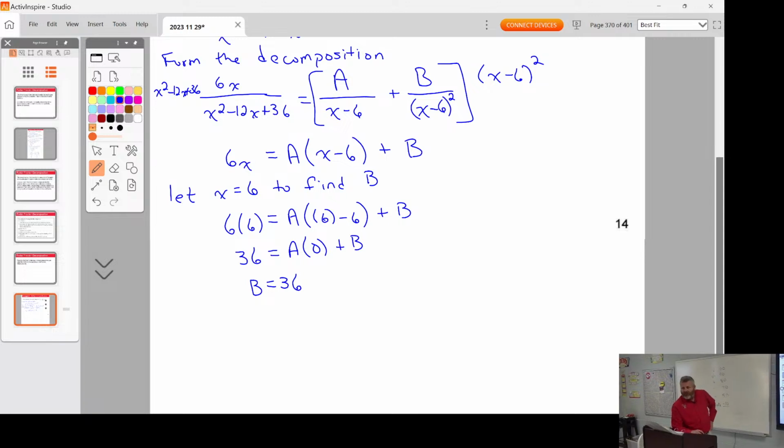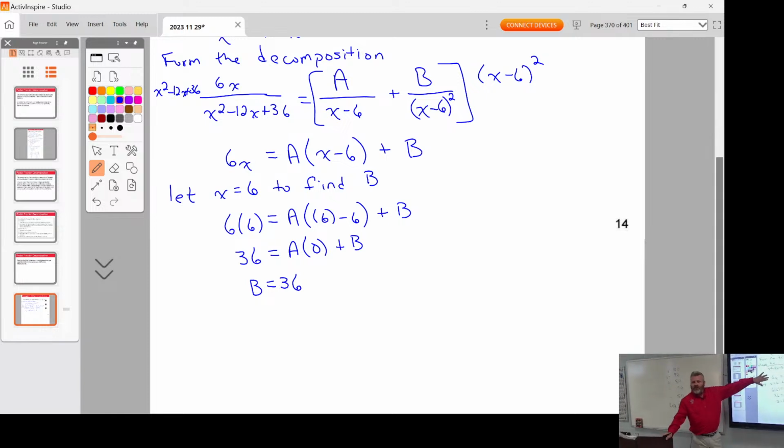The question is, how do we find A? Now I've got an x and an A that I still don't know. Because we know that B is 36, and we know that this equation is true for all x, we can choose any x we want, but don't choose 6.